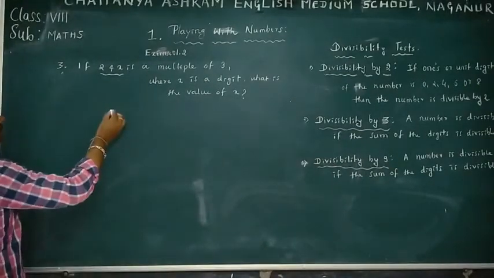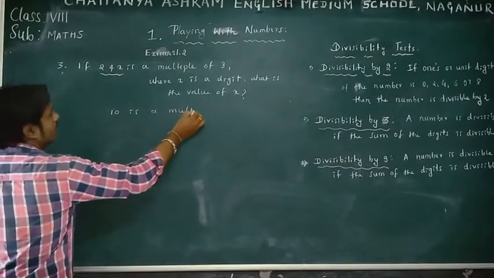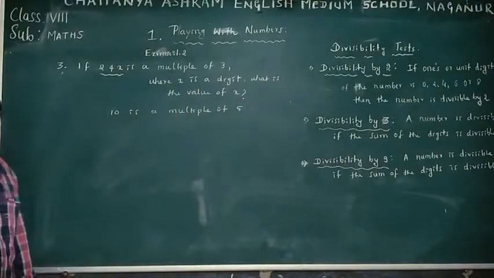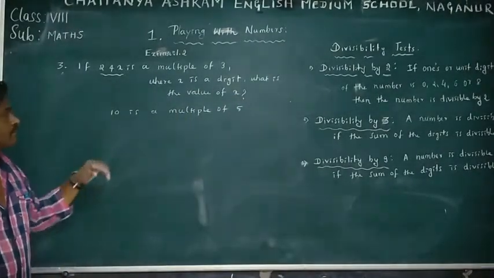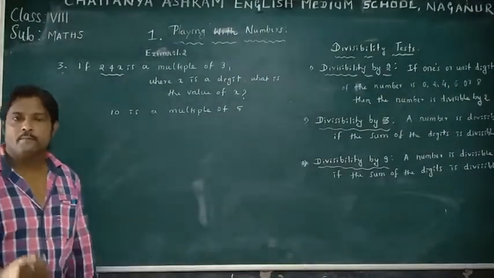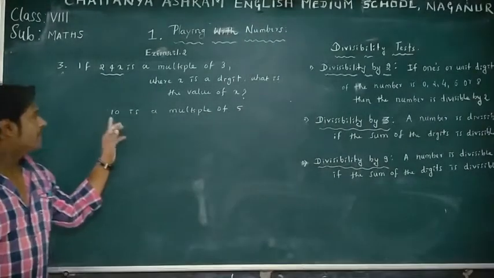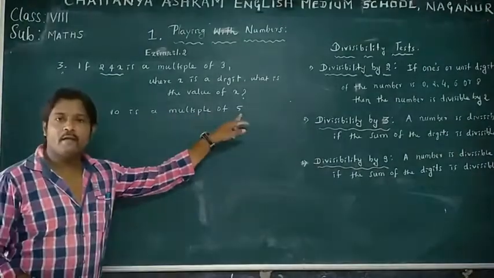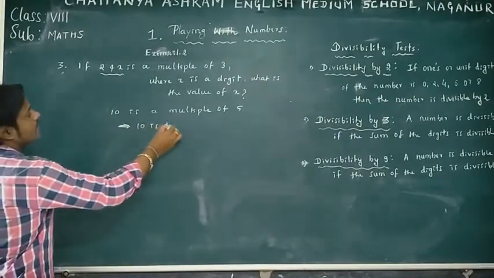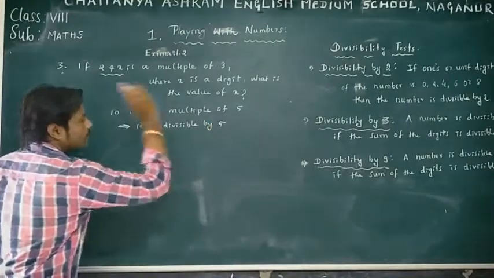What I said, just observe. 10 is a multiple of 5, which implies 10 is divisible by 5. 5 how much are 10? 5 2s are 10. 10 is a multiple of 5, which implies 10 is divisible by 5.